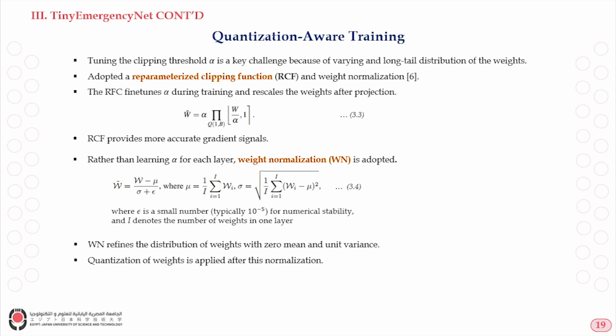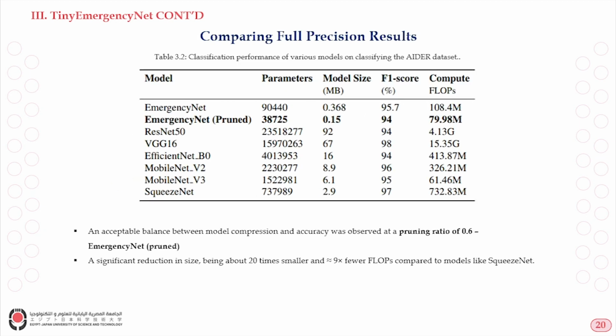So this is the result of the full precision. This is before we do quantization. Full precision is that the model is in 32 bits. So the previous model that we adopted had this memory size with 95.7.